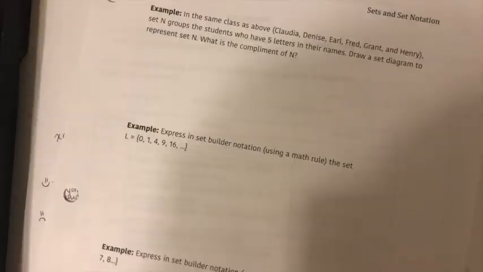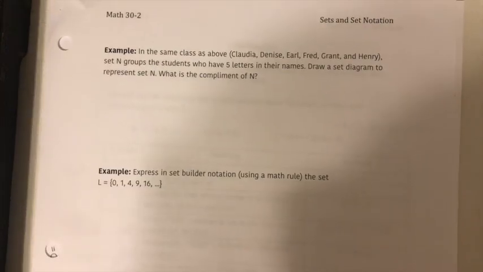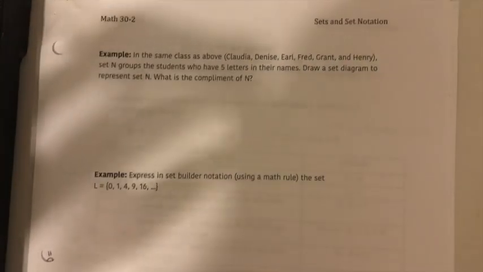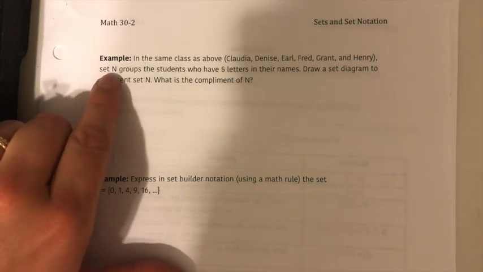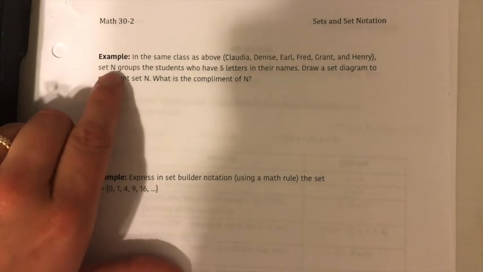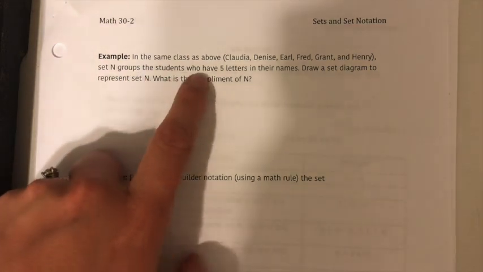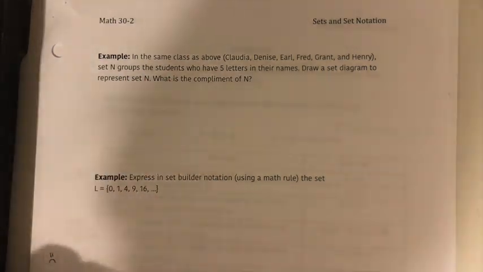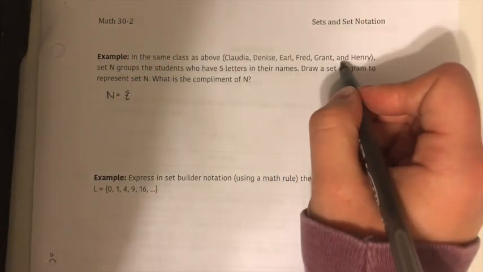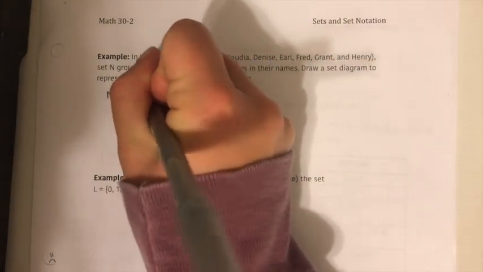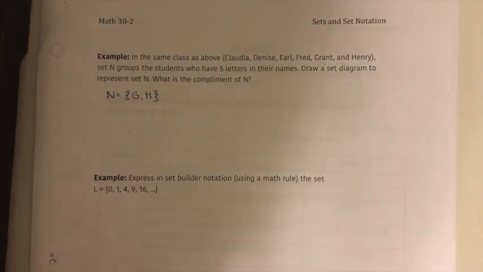A few more examples in that same class as above. So Claudia, Denise, Earl, Fred, Grant, and Henry again. We're going to set N. So we have a set called N, and it's going to group the students who have 5 letters in their name, okay? So N would be Grant and Henry, because they both have 5 letters in their name.